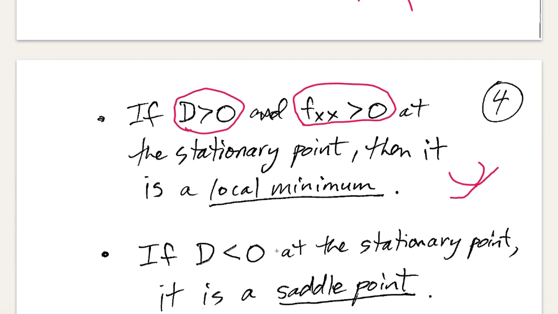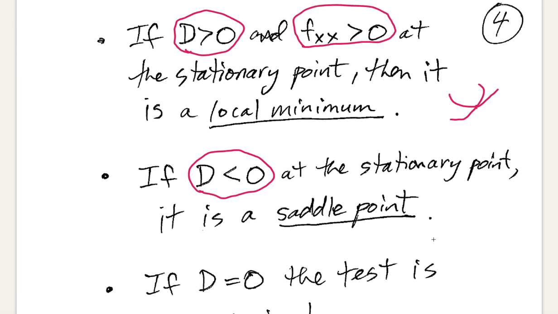Now, if D is less than 0, if it's negative, I'm going to show you that you don't have to proceed at all. You can stop. You don't have to examine the other second derivatives. You are at a saddle point. A saddle point is a situation like a saddle, where if you look in one direction, the point looks like a local maximum, but in another direction, it's a local minimum, concave up like that.